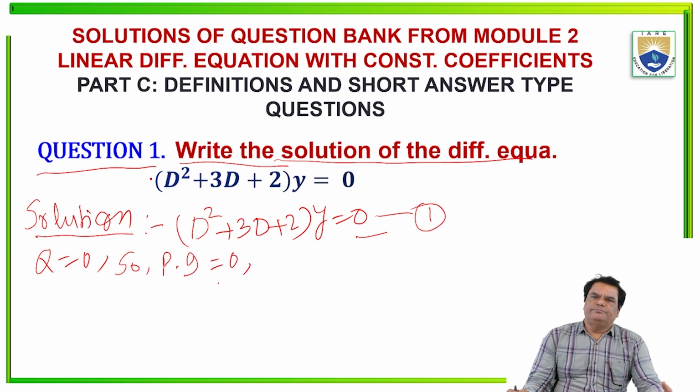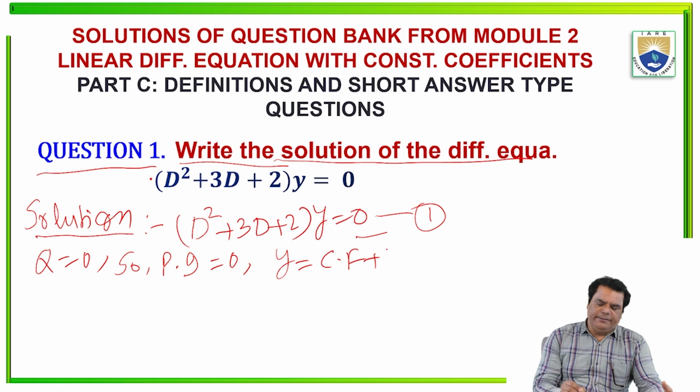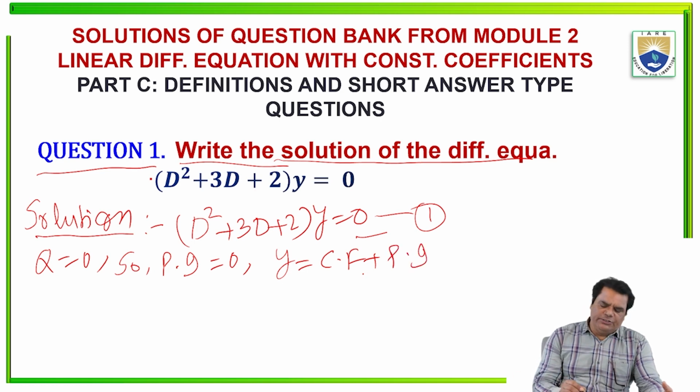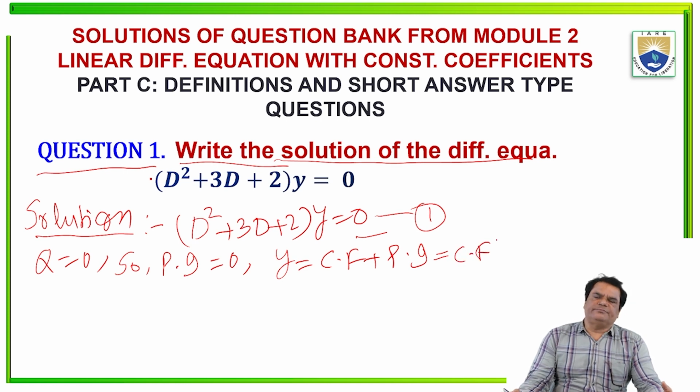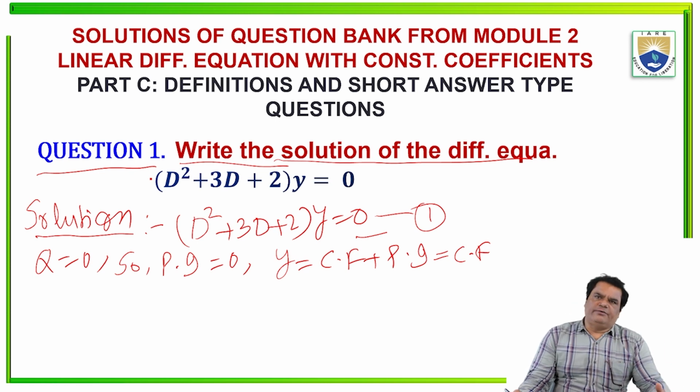Y is equal to CF plus PI is the complete solution. But PI is 0, so only CF. Y is equal to CF. We want to find the CF of question 1.